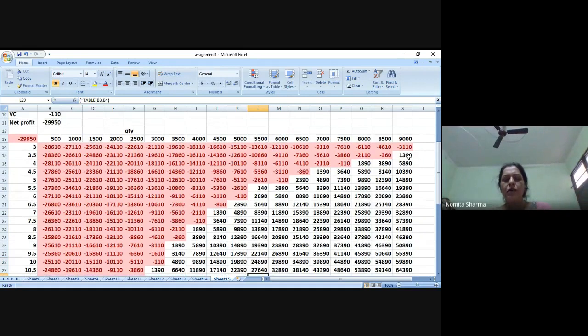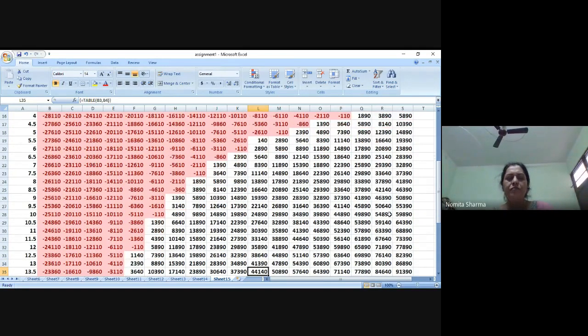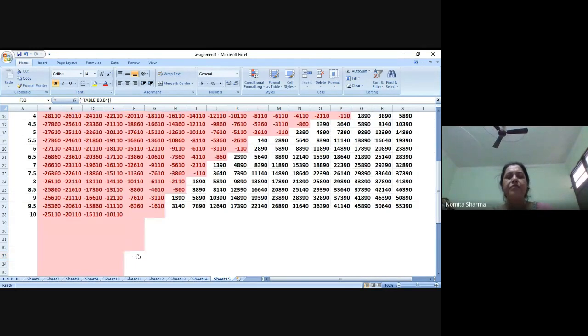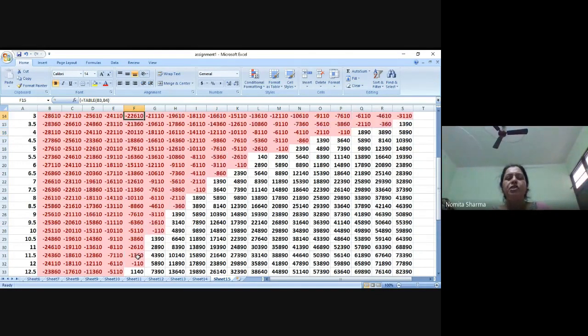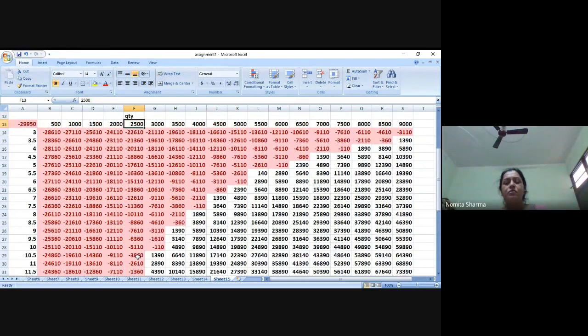Let me just go down further, and you will see that the net profit is coming out to be 1140 at the price 12.5 and quantity at 2,500. So that was all about the data tables that we have done today, because this will give you the right combination of the two variables that you can use to ascertain the quantity.